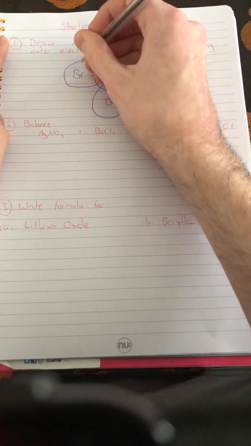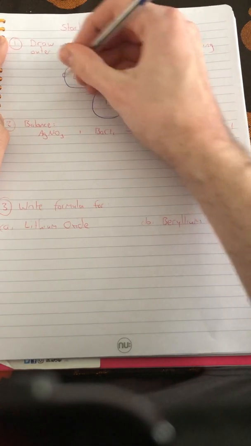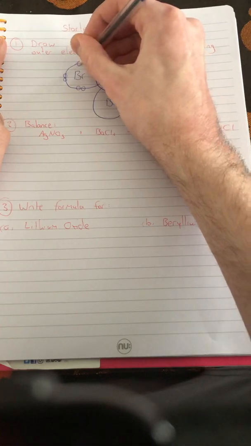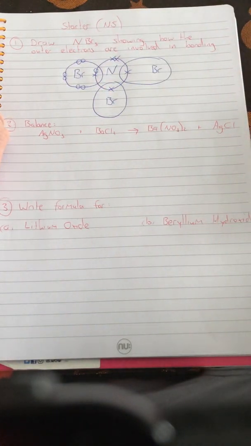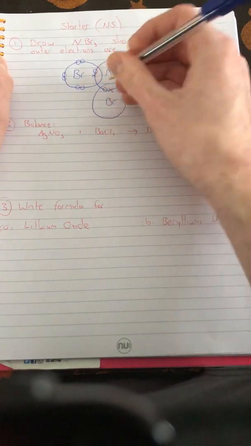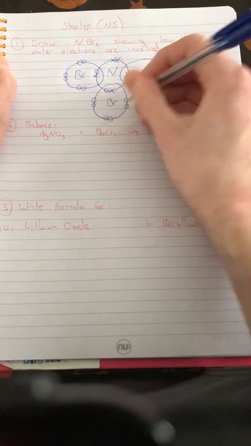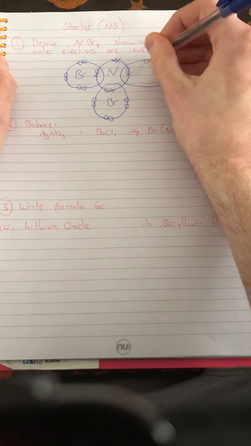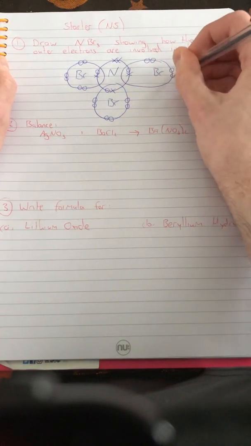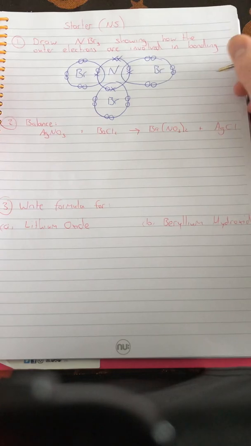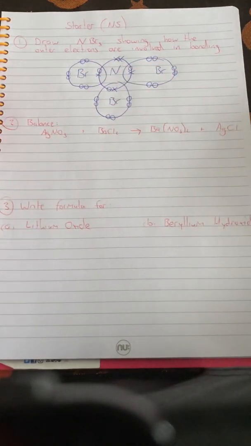So that's 1, 2, 3, 4, 5, 6, 7. If you do that for them all, that is our Lewis diagram there.